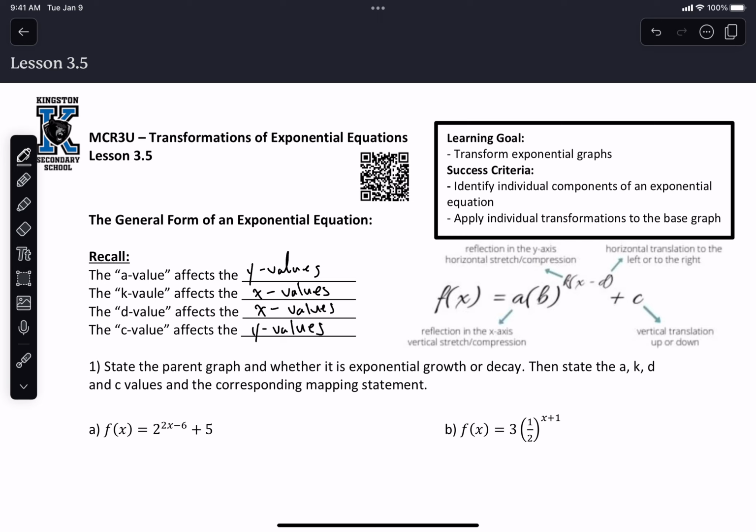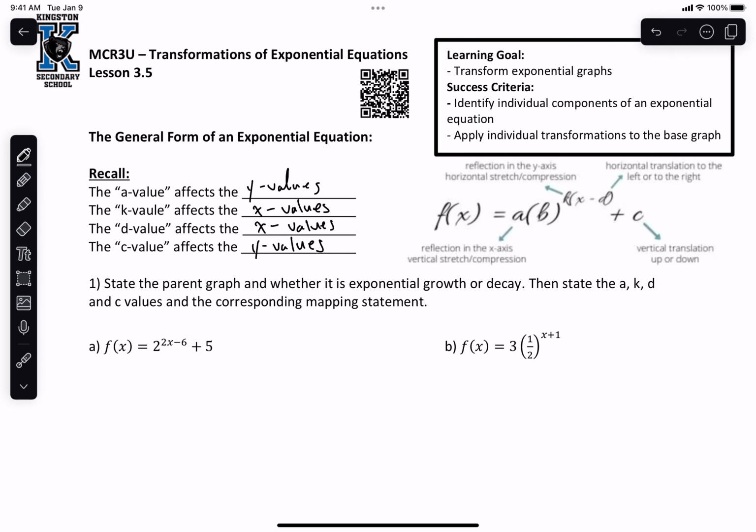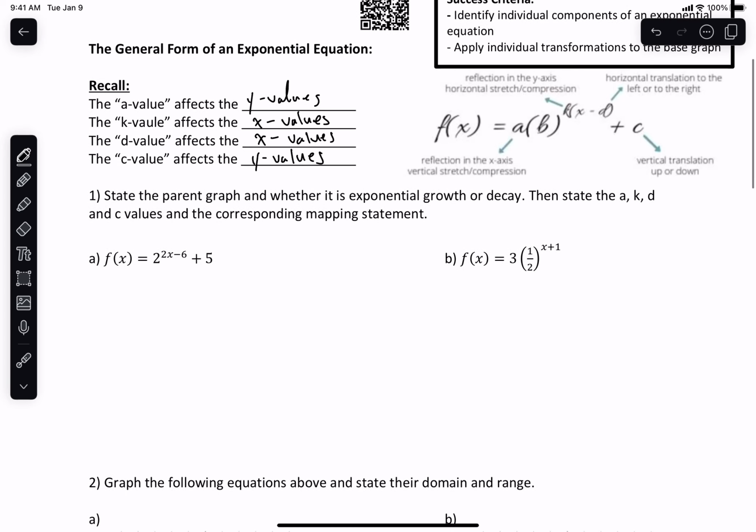Okay, so let's go down here and take a look. I want you to state the A, K, D, and C values for each of these, and then write out the corresponding mapping statement with what we would do to the original graph to transform the points. Let's start with the A value. What's the A value here? Dylan, it's 1. The base, the B value, is 2.